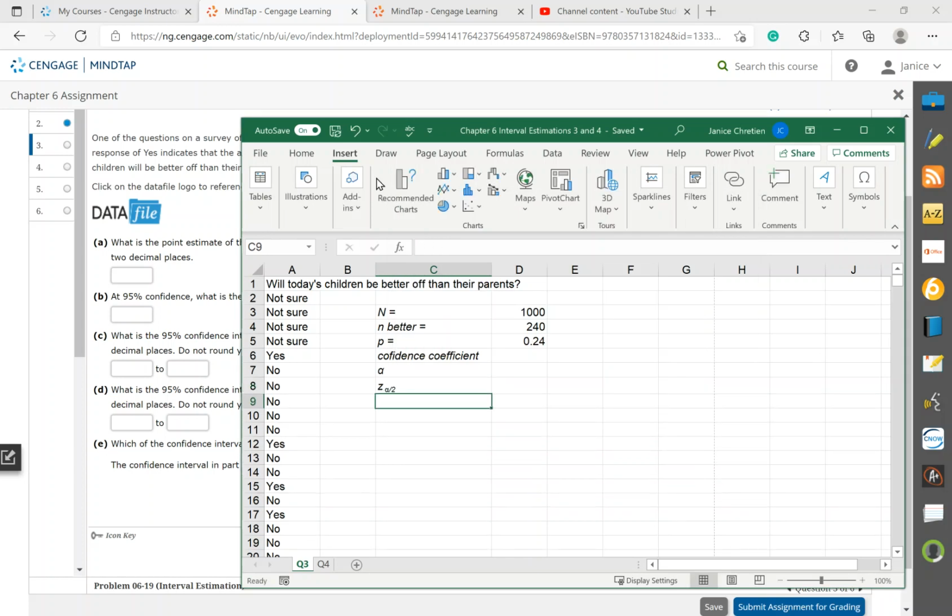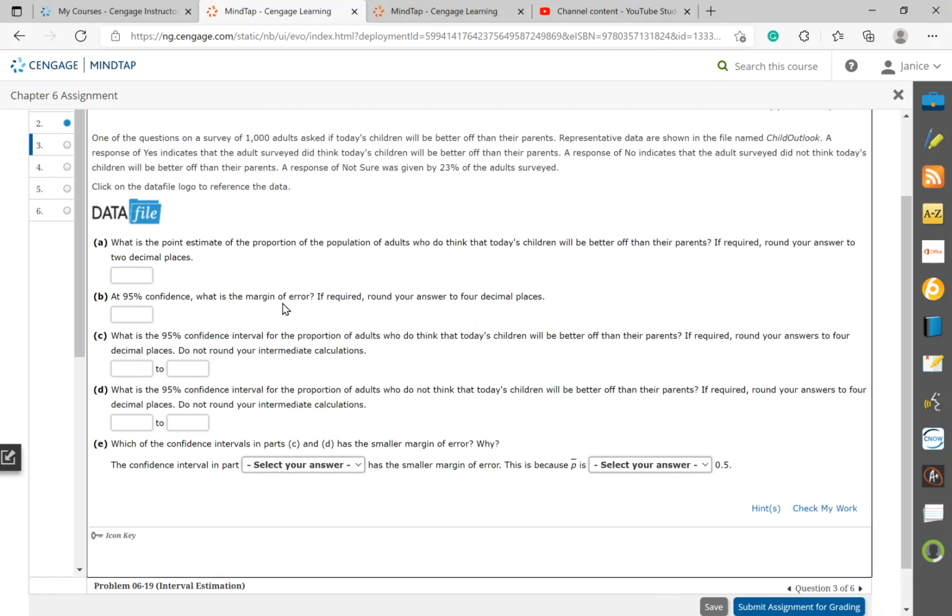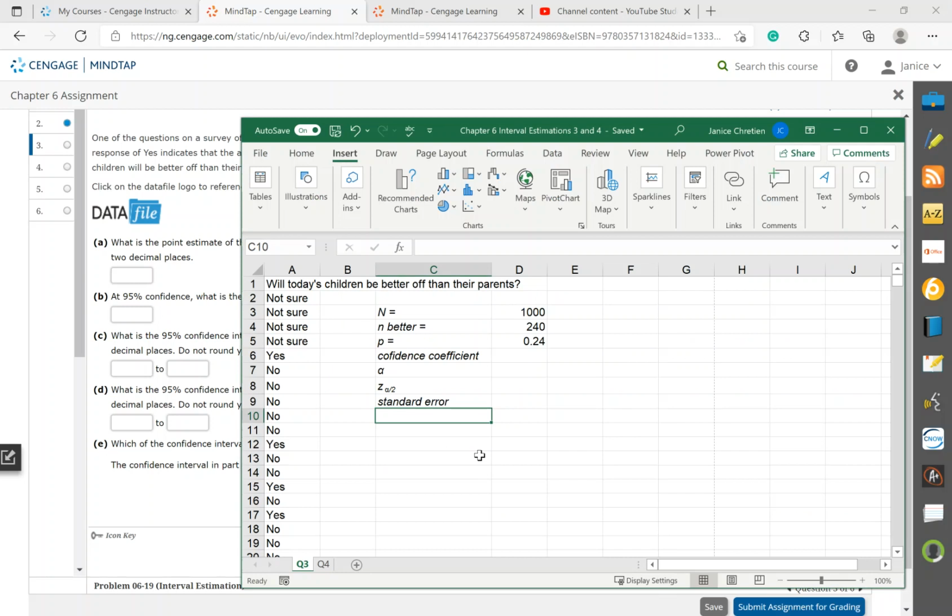And that will give me a standard error, or I will use those values to give me a standard error. So the margin of error will come from my standard error.